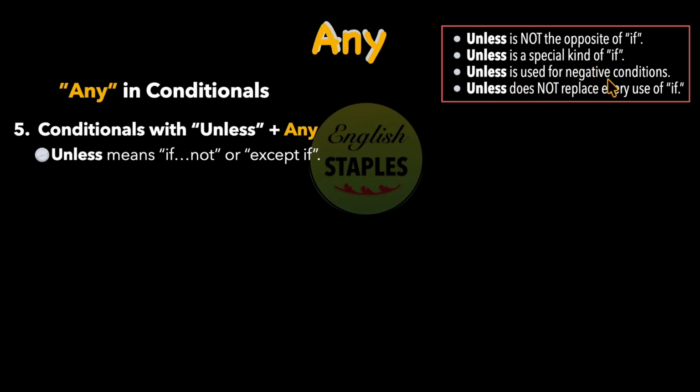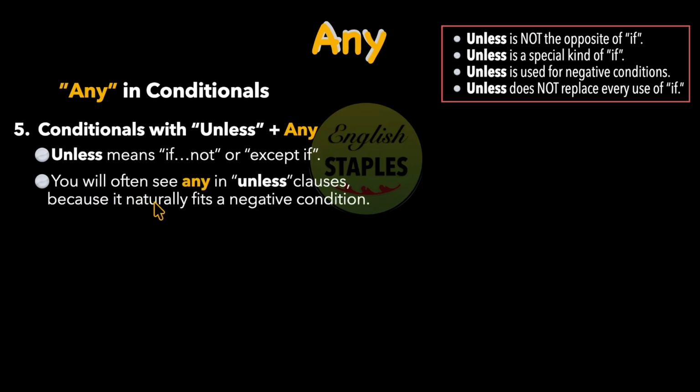Unless is used for negative conditions, and unless does not replace every use of if. You will often see any in unless clauses because it naturally fits a negative condition. And we've been seeing that from the very beginning of this lesson. Any really fits very well with anything that's negative.